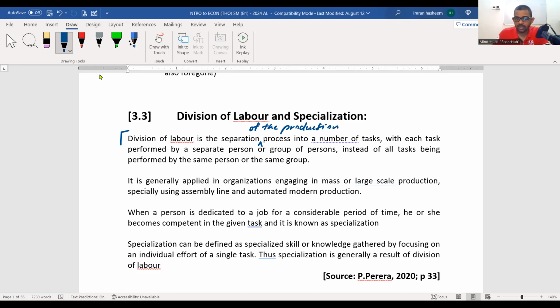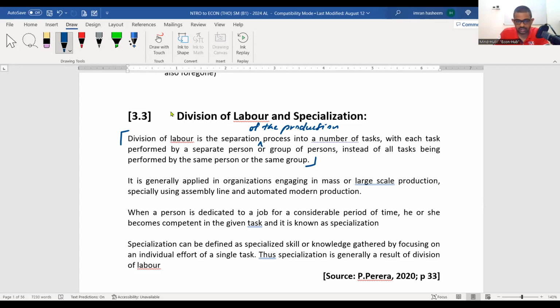Yeah, that's better, no? Division of labor is the separation of the production process into a number of tasks, with each task performed by a separate person or group of persons, instead of all tasks being performed by the same person or the same group. Get it? So that's the basic definition for a division of labor as per Professor Prasanna Pereira.